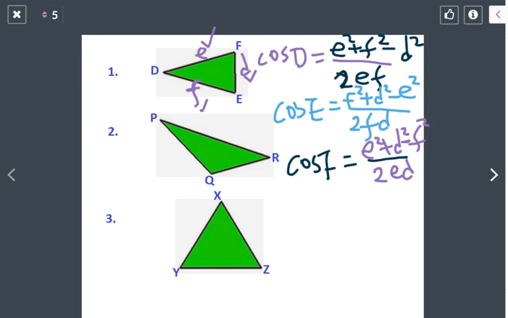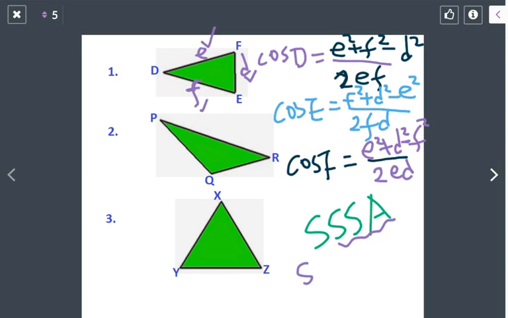Memorize in what situation you can use the cosine law. As long as you know any three of these variables, then try to get the last one.